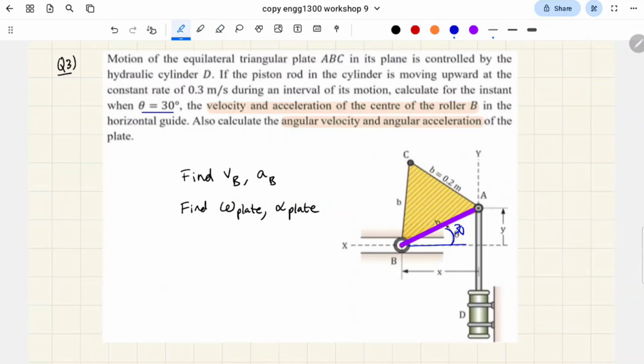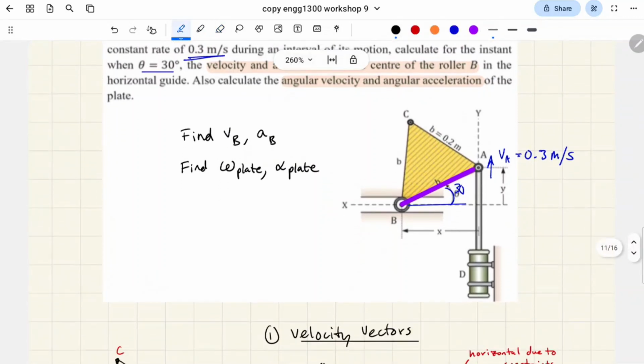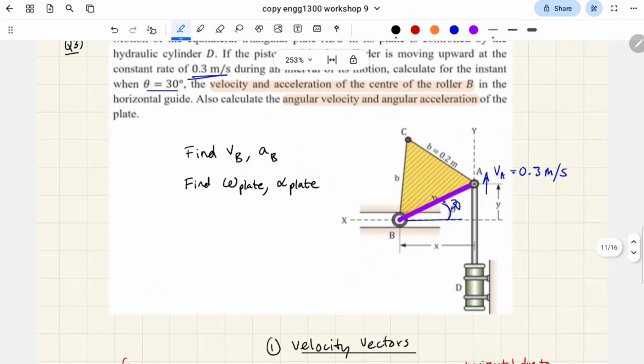So that's a snapshot in time that I was talking about. And the cylinder is going to be moving at a constant rate of 0.3 meters per second. So that's going to affect A, right? So actually that number there, AD, is undergoing just translational motion pretty much, right?